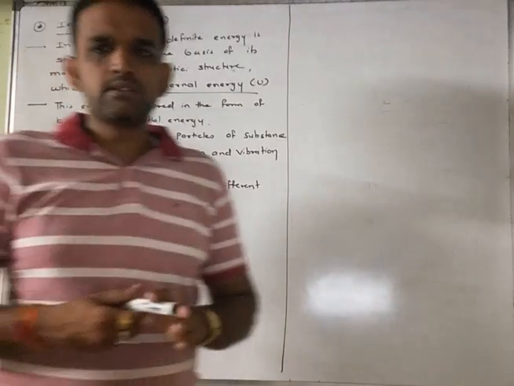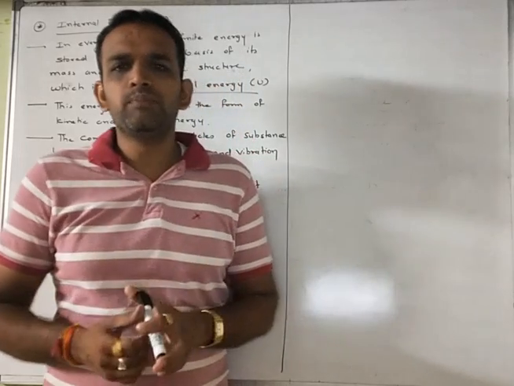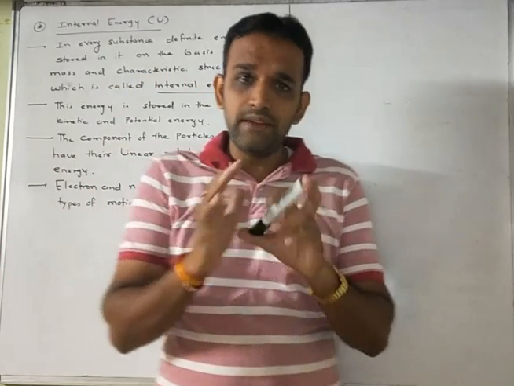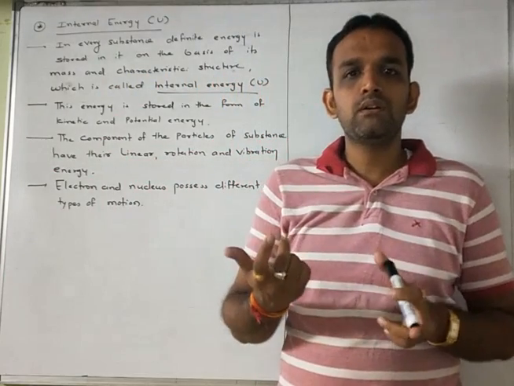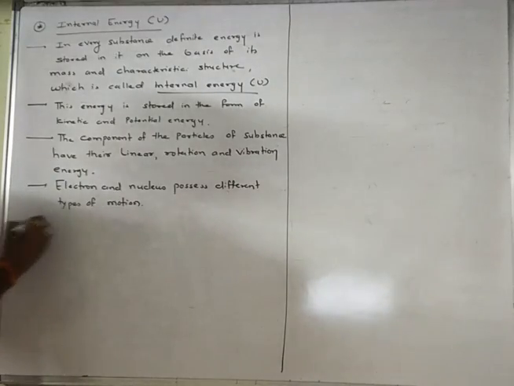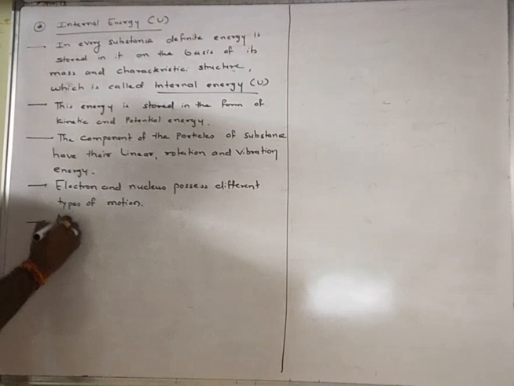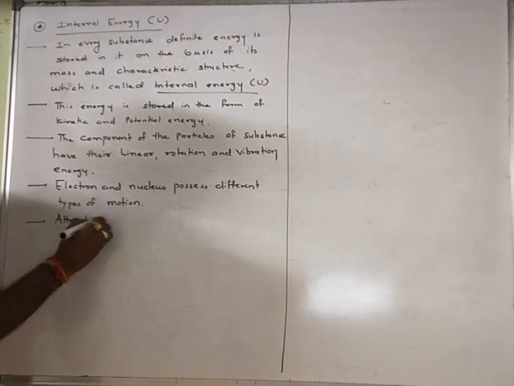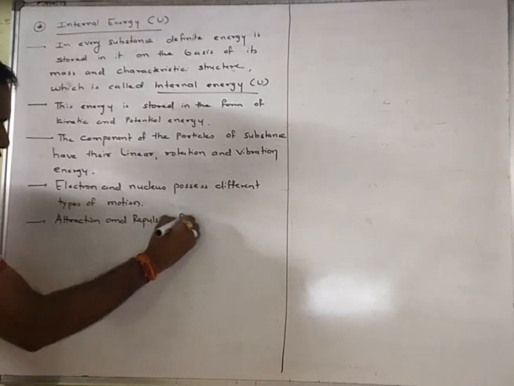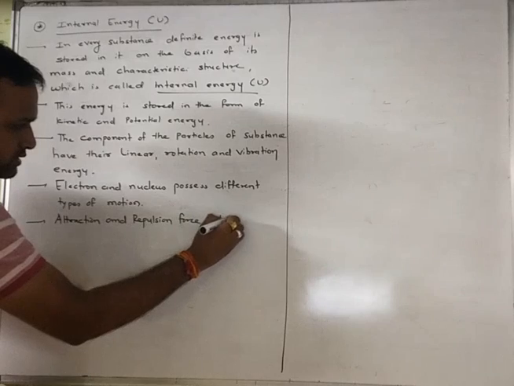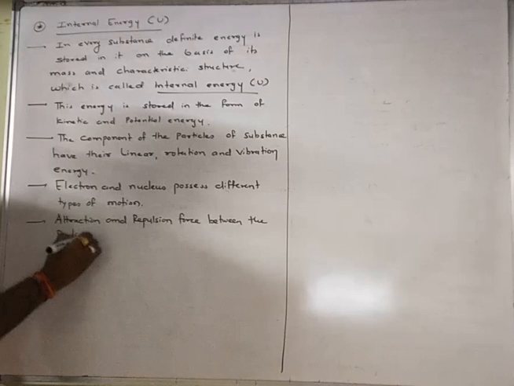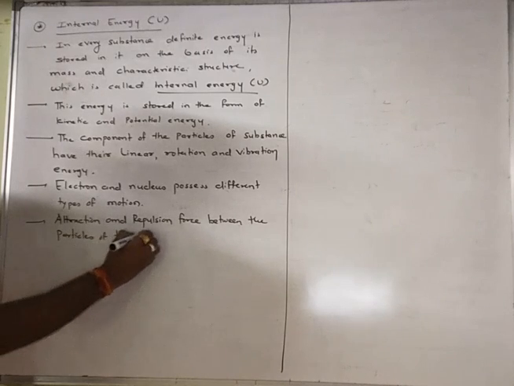Now suppose हमको मालूम है कि कोई भी substance it will possess the kinetic energy, right? Also there is an attraction and repulsion force between the component of the particles in the substance.